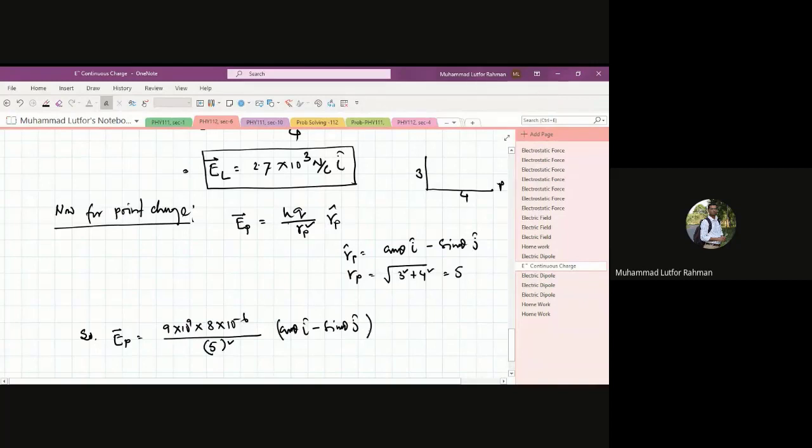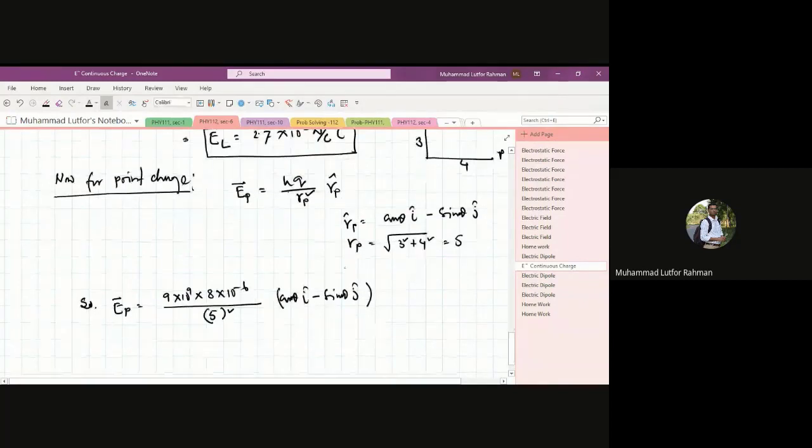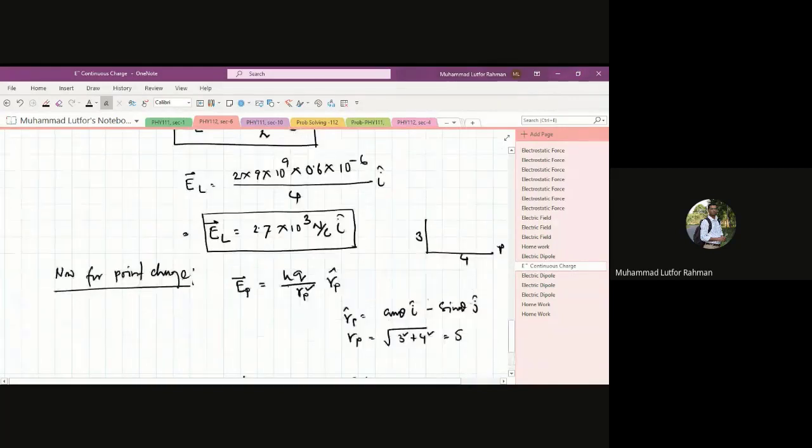And here I have to find the cos theta, because we defined that theta over here. Then cos theta would be 4 by 5 because the hypotenuse is 5, and sin theta would be 3 by 5. From that figure we can find out.